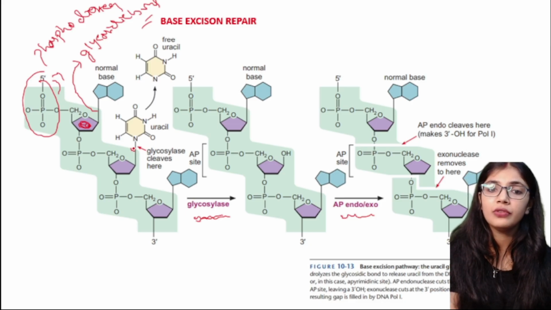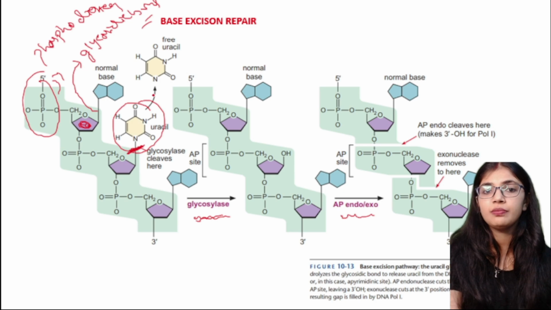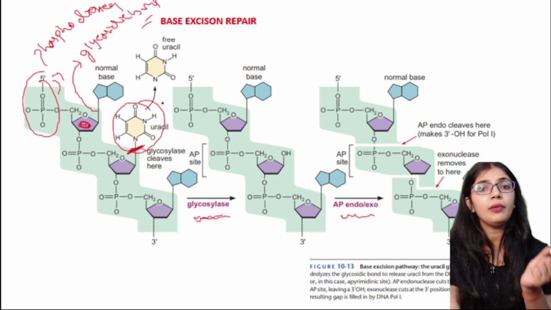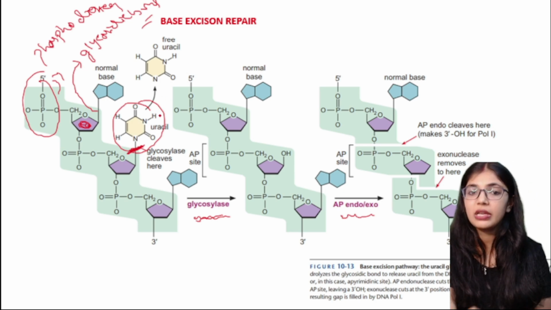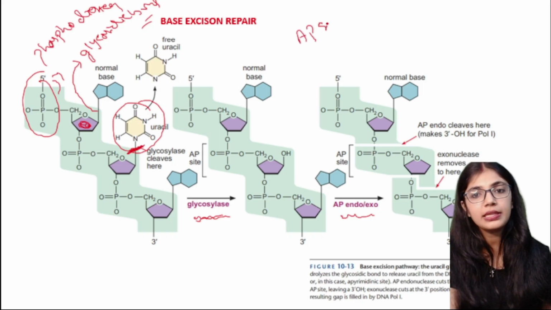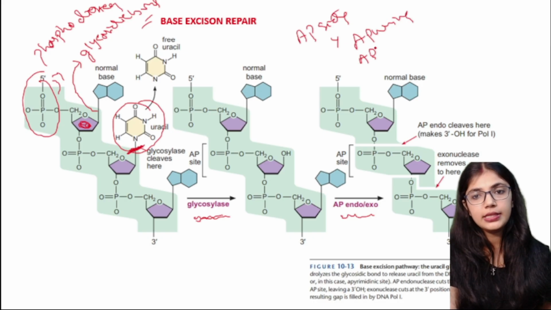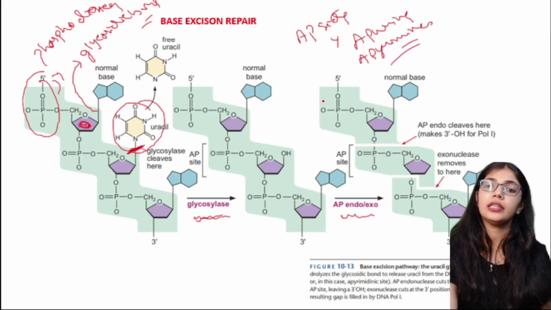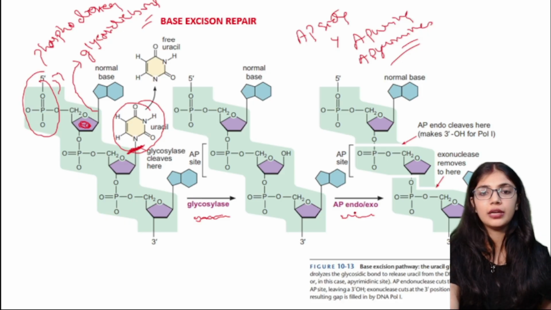After the cleavage of this bond by the glycosylase activity, the purine or pyrimidine is removed, due to which there is a site known as the AP site. AP site means apurinic or apyrimidinic site. After this, another enzyme, AP endonuclease, comes and binds.